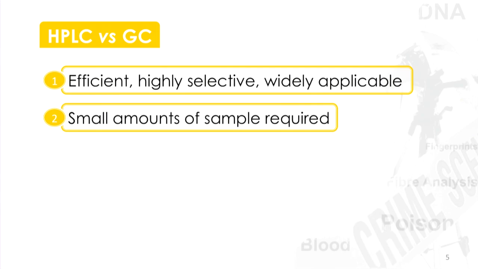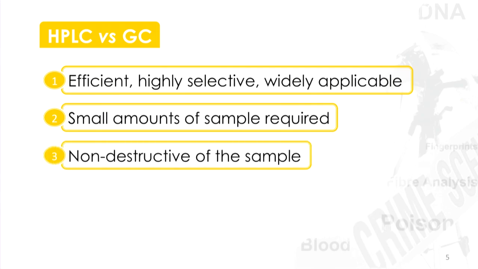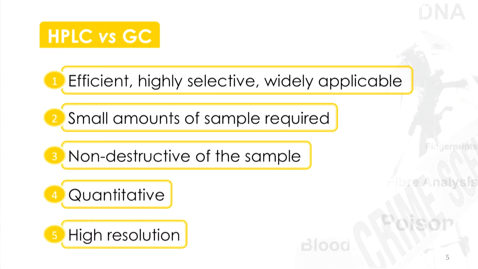They may be non-destructive of the sample, meaning that after the chromatography, you can get your sample back, though in practice, this is very, very rarely done. Both methods are quantitative. With both methods, you can measure the amount of each component that is present in the mixture. And both methods work with high resolution.